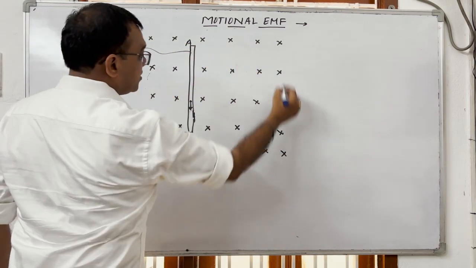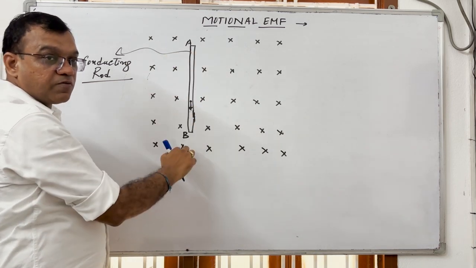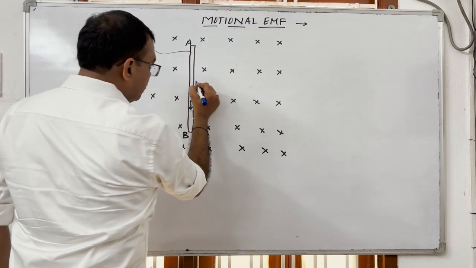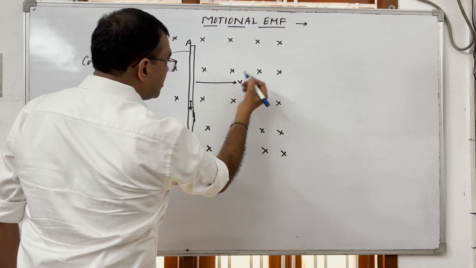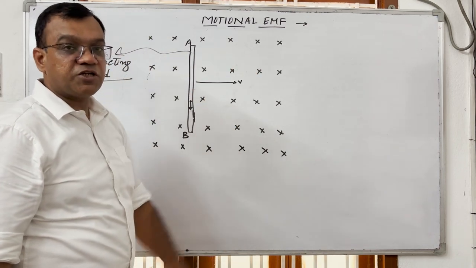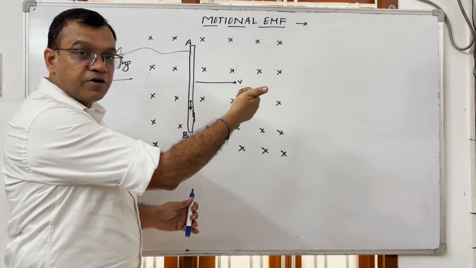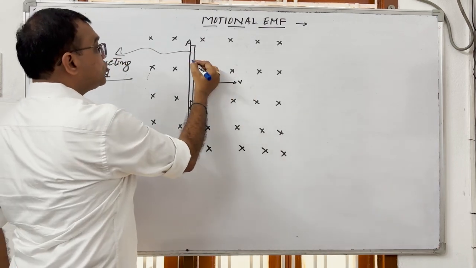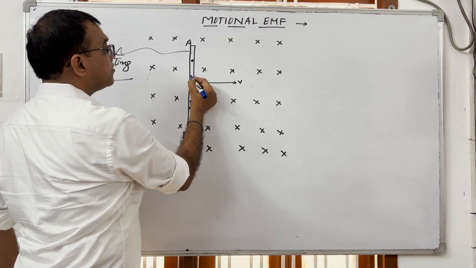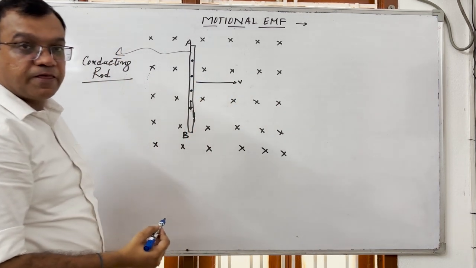It is placed in a magnetic field. Magnetic field is into the board and the rod is like this, and we are moving this rod in this direction. Now, because of the motion of the rod, the free electrons present in the rod also have the same velocity v.